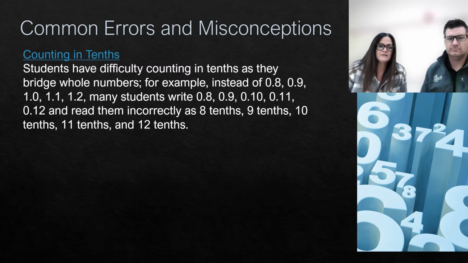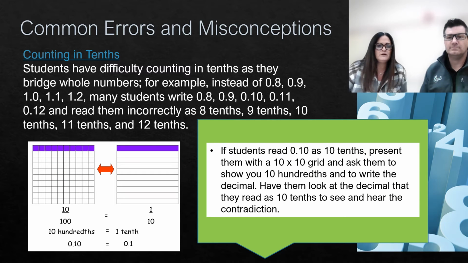Another common misconception that we often see with our students is that when they're counting or reading decimals, they often have difficulty bridging to whole numbers. So for example, instead of 8/10, 9/10, 1 whole, 1 and 1/10, 1 and 2/10, many students write 8/10, 9/10, 10/10, 11/10, 12/10.